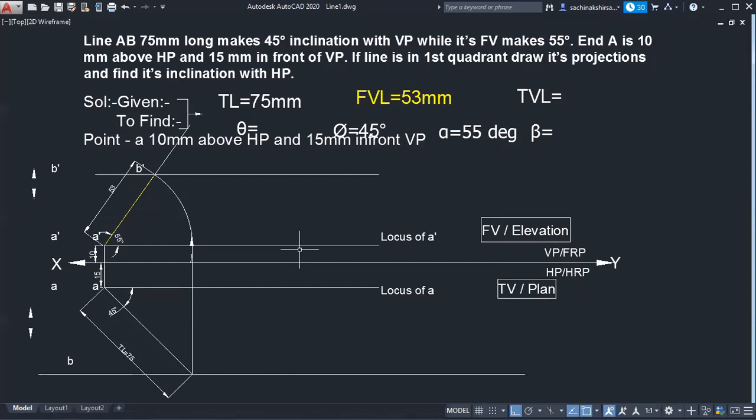So shall I draw a vertical line from B dash? Which point will I get in the top view? B. Are you understanding?